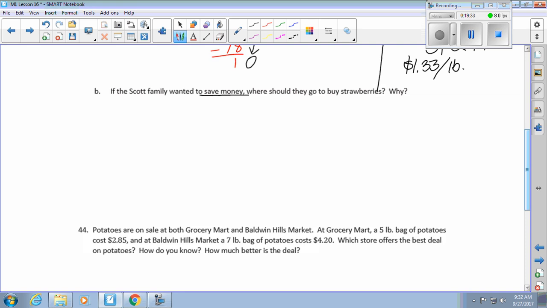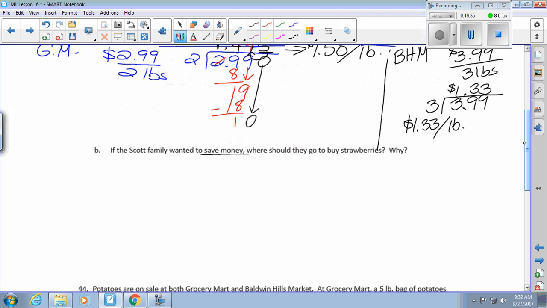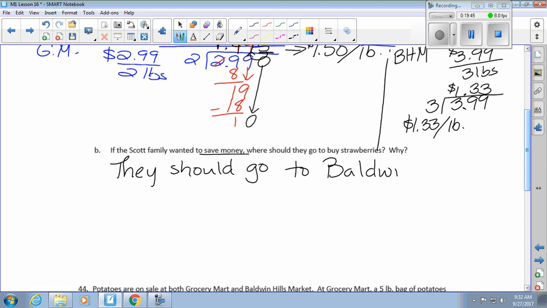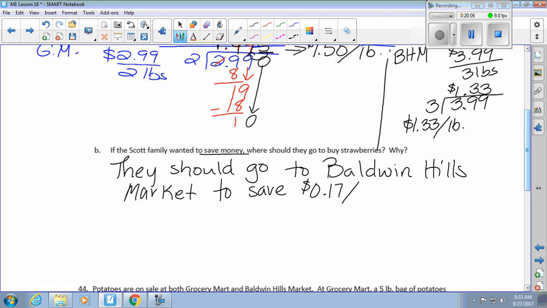Well, we already said they should go to Baldwin Hills Market to save how much? 17 cents per pound.